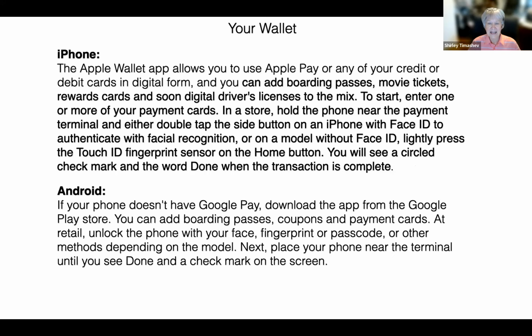And the last one that I'm going to be mentioning for now is your wallet as a digital wallet. The wallet can have in it many different kinds of things.